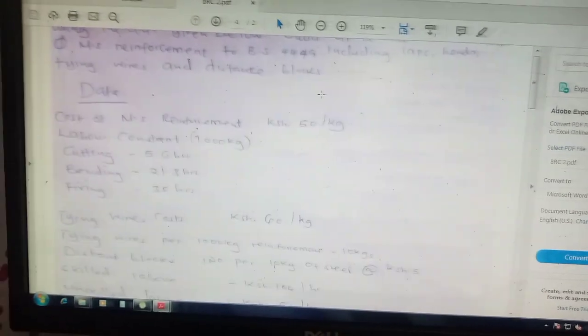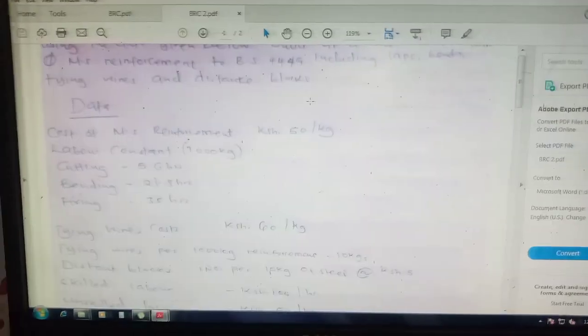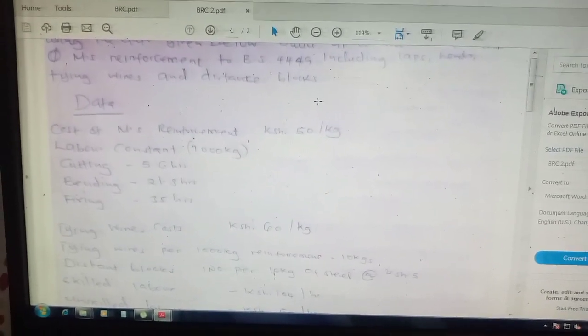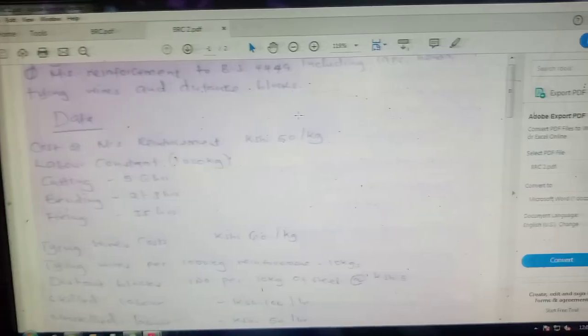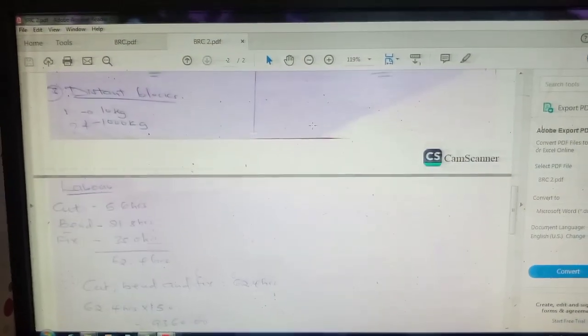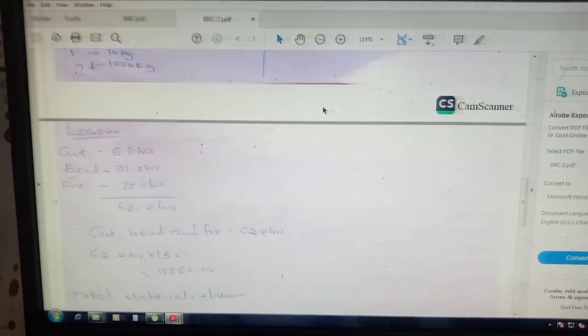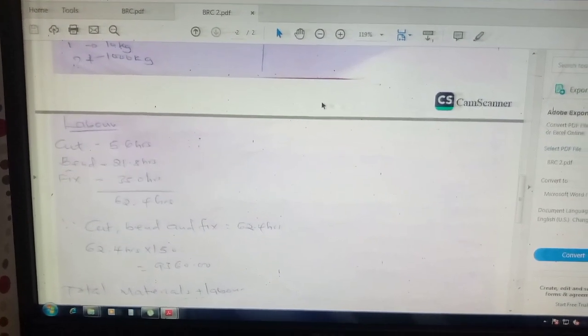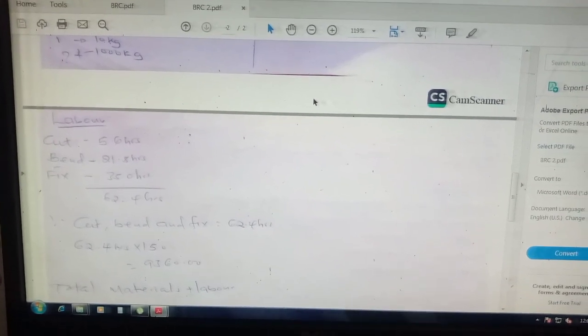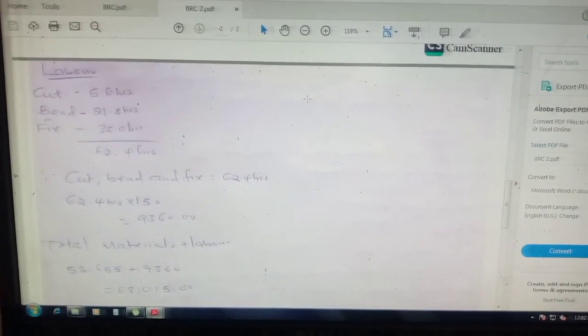That is 20 millimeter diameter, D20, or T20 or Y20. So bending will take 21.8 hours, fixing will take 35 hours. So our labor will be: you take cutting, which is 5.6 hours, add bending, which is 21.8 hours, then add fixing, which is 35 hours.